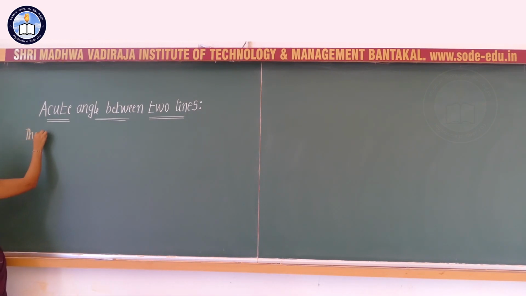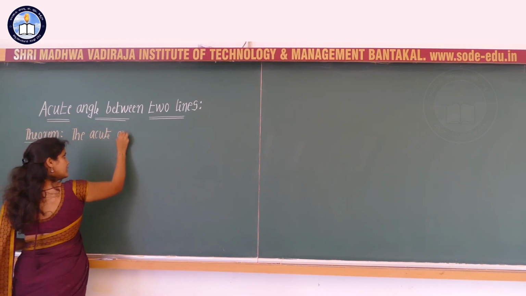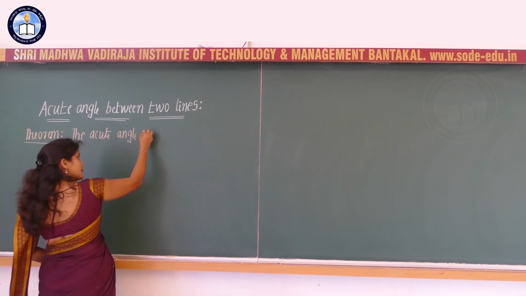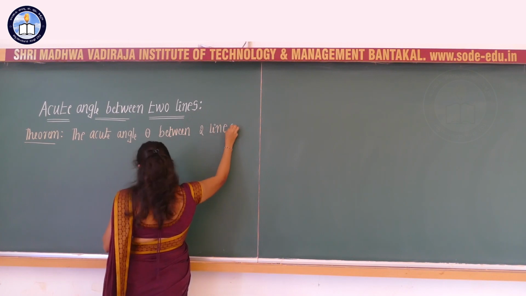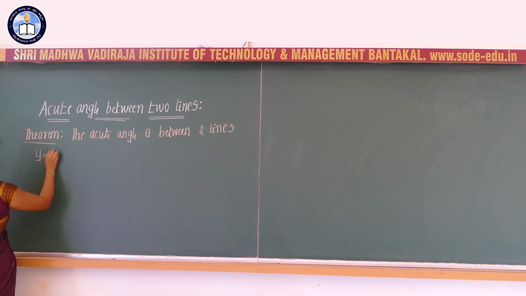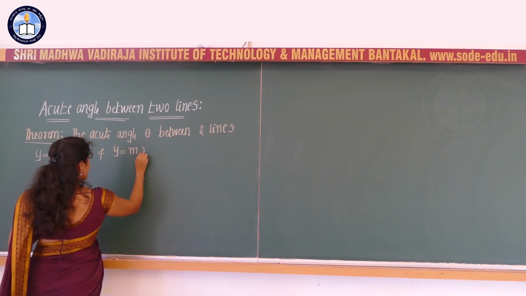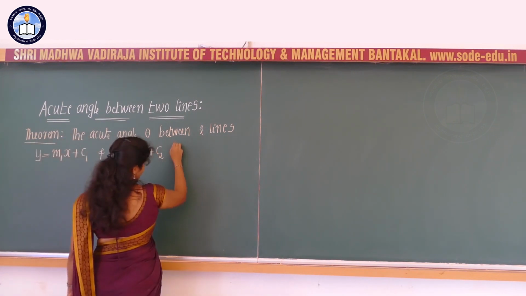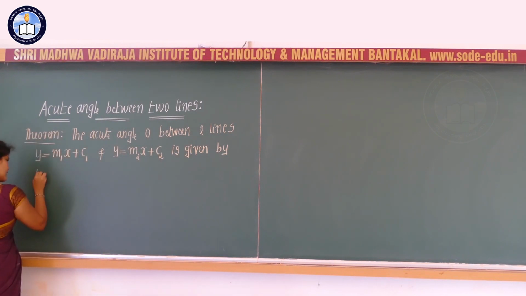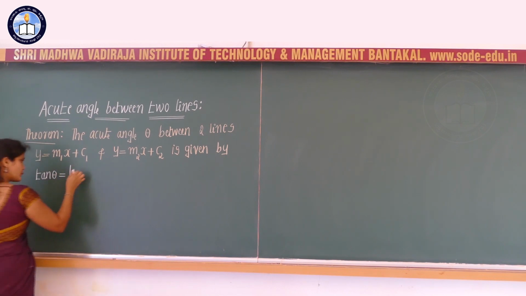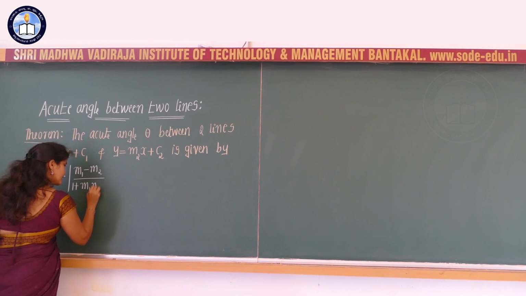Theorem statement: the acute angle theta between two lines, y is equal to m1 into x plus c1 and y is equal to m2 into x plus c2, is given by tan theta is equal to the absolute value of m1 minus m2 divided by 1 plus m1 into m2.